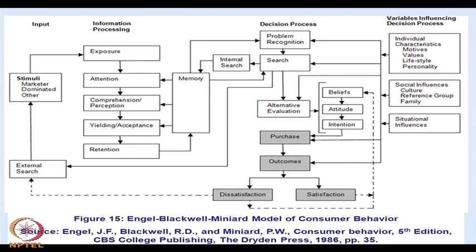The model makes a marketer understand that the amount of effort, time and focus a consumer puts into these stages will depend on high involvement and low involvement product categories.